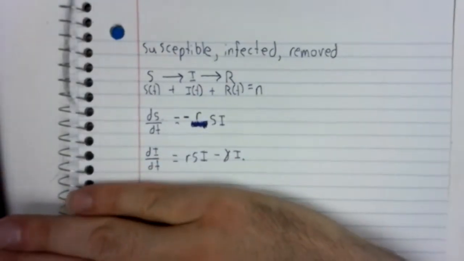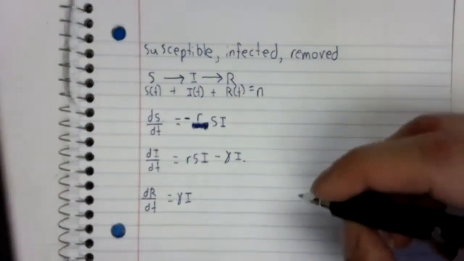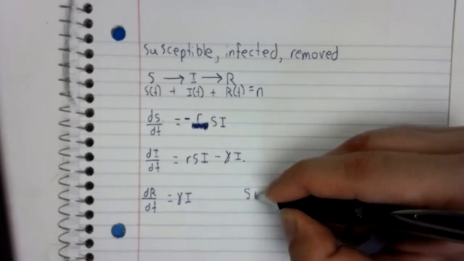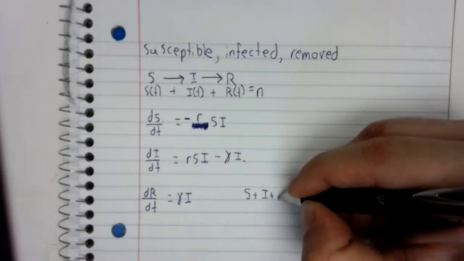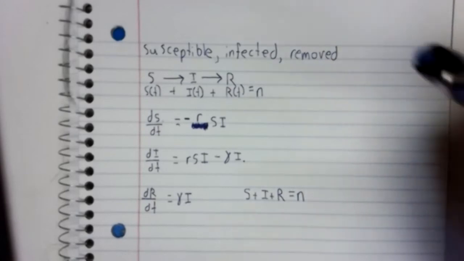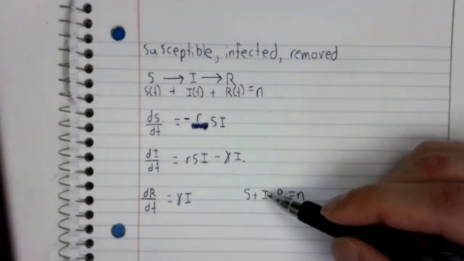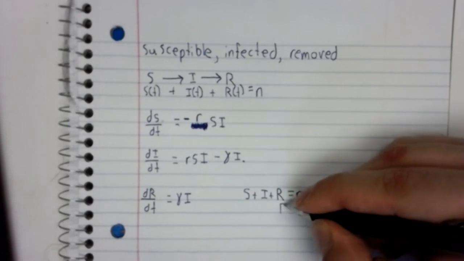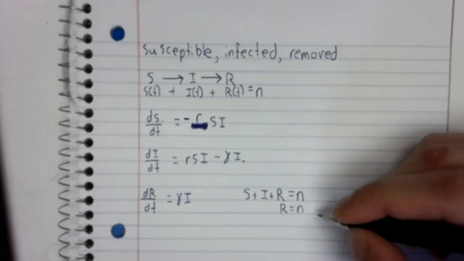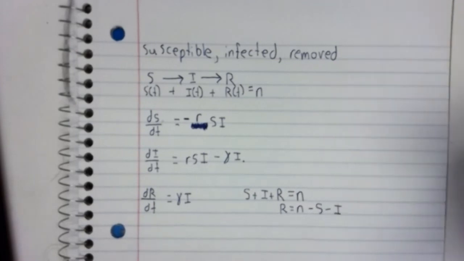We can understand S and I without understanding R. And because S plus I plus R is a constant N, if we can understand S and I, we've got a handle on R as well.